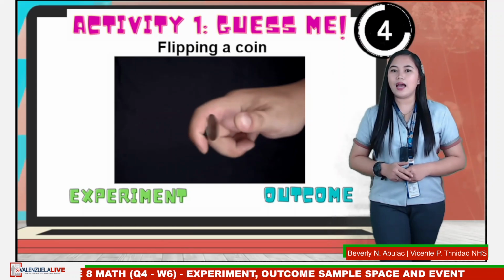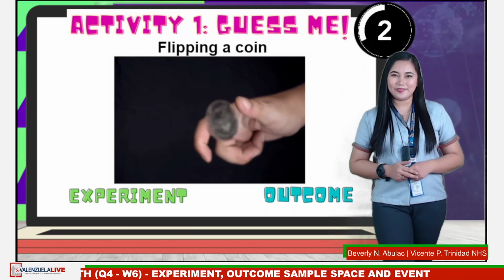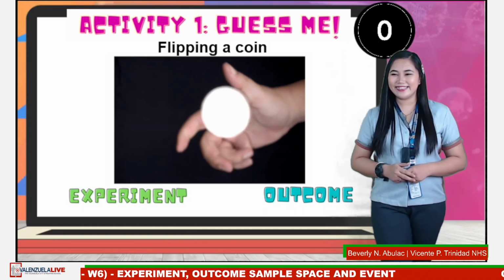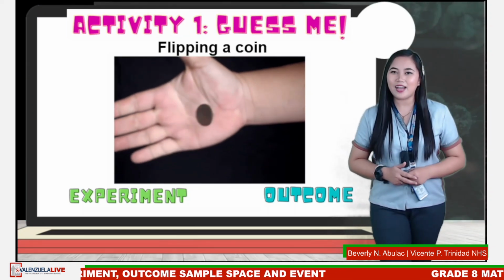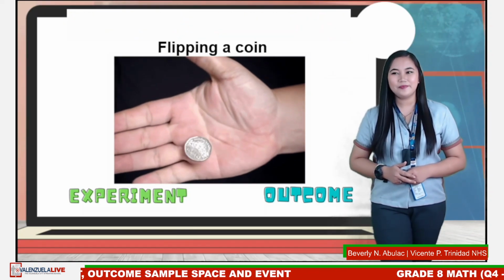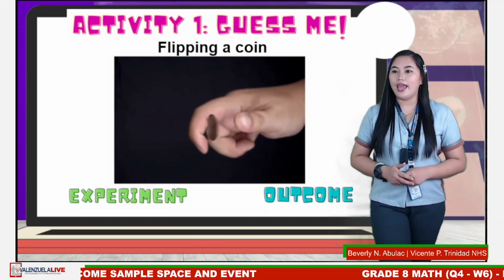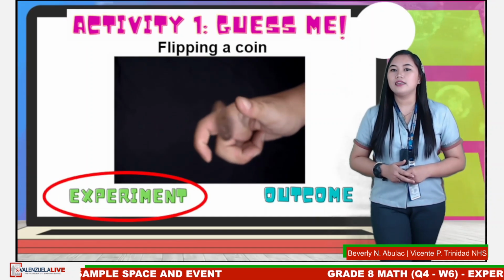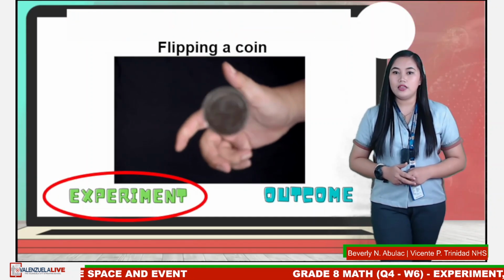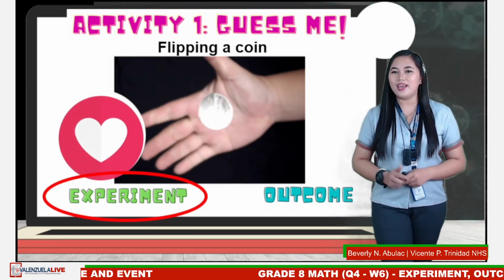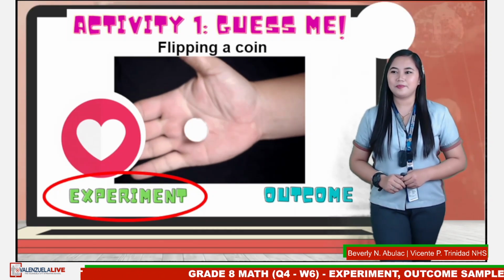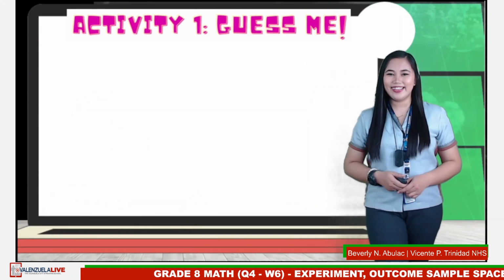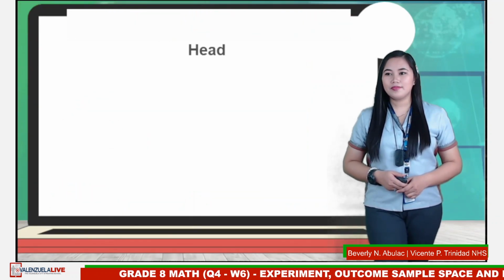5 seconds, timer starts now. Time's up. Are you done pressing the correct react button? The correct answer is experiment. Therefore, you should be able to press the heart react button. Next. Number 2.